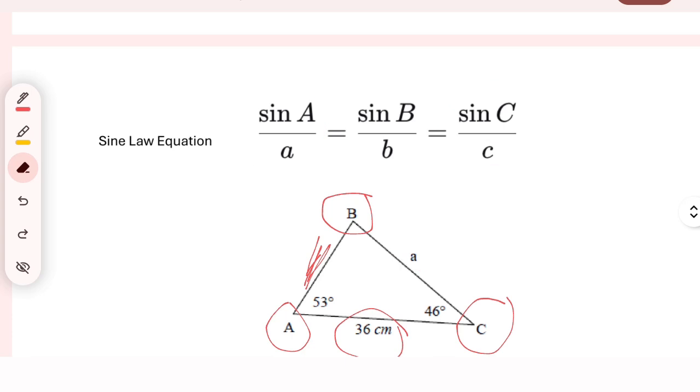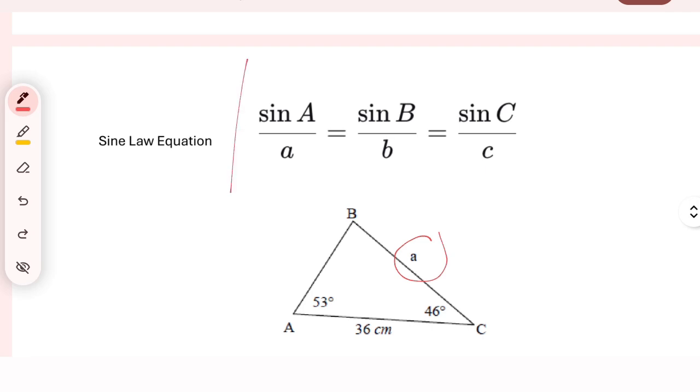Now, remember, what do we want to solve? We want to solve for the unknown side A, this side here. Now, here's the thing, you need to pick a pair of those.